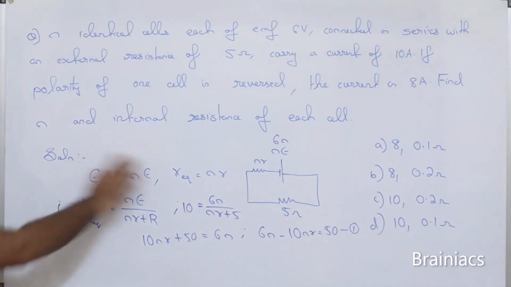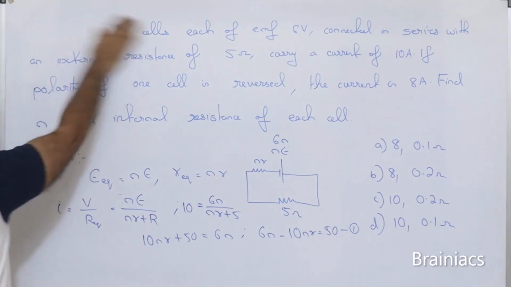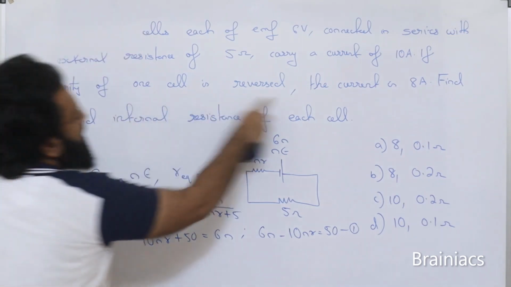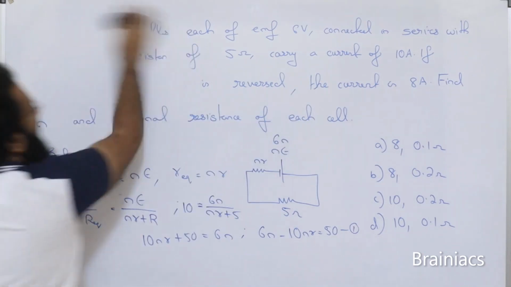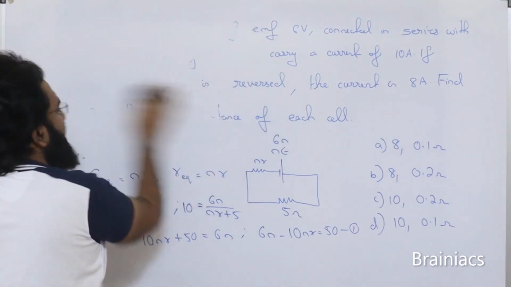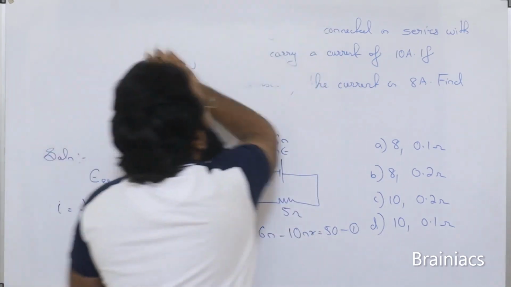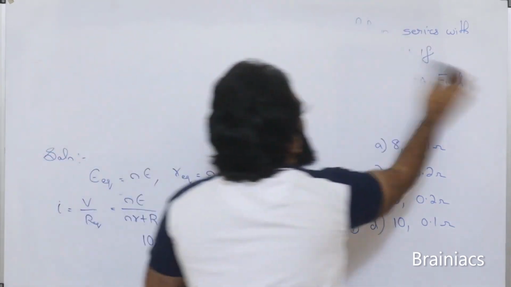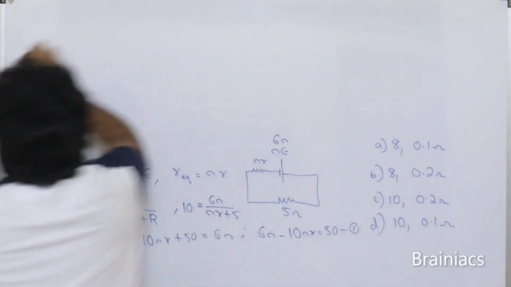Now, copy this. I am erasing this. When the polarity of one cell is reversed, the current is 8 ampere. That is the data we require now. Polarity of one cell is reversed, and now the current becomes 8 ampere. So what happens when polarity of one cell is reversed?